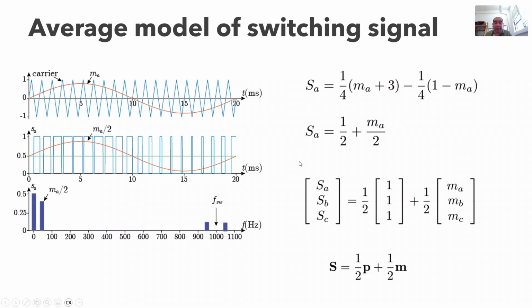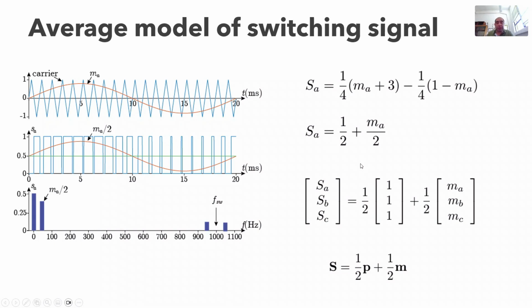We can verify this by taking the frequency spectrum of the signal, and we can actually see the DC component, a fundamental component with half the value of the modulation index, and then the switching frequency. We are taking the average in one switching period. That's why we cannot see these harmonics in the expression of the mean value.